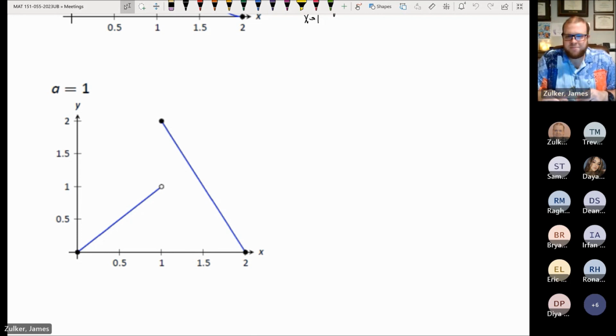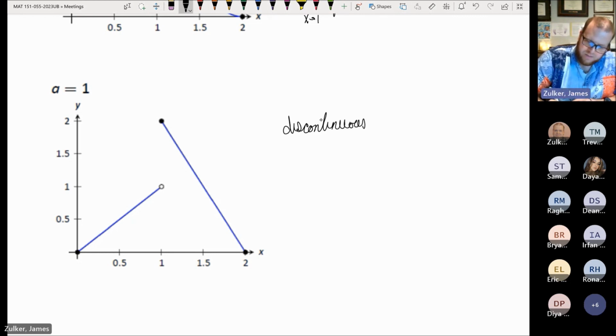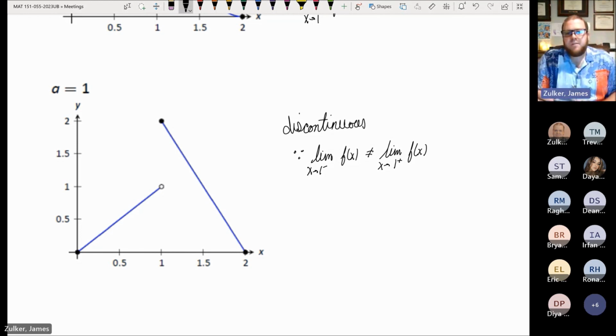Right, this is discontinuous because your two one-sided limits aren't the same.